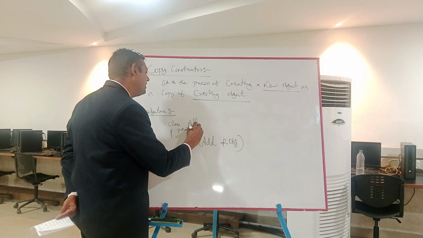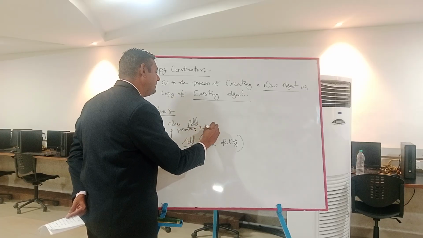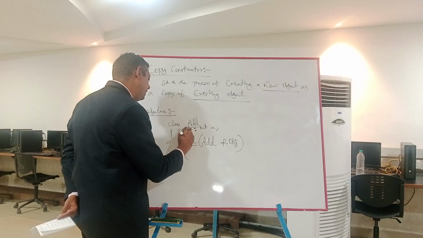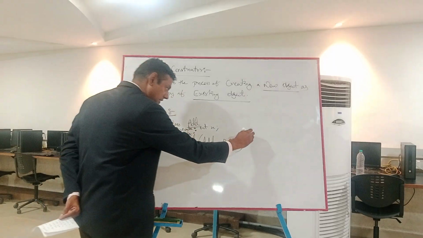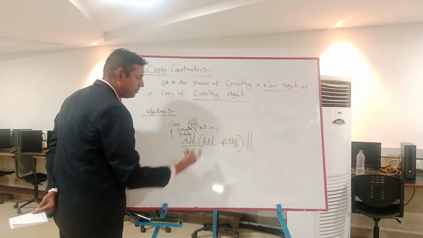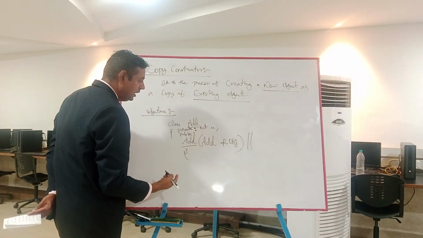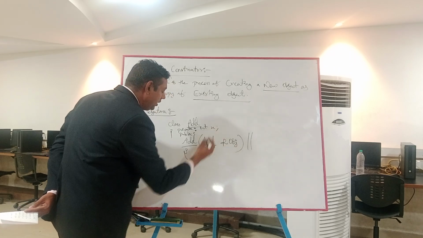For example, if there is, in a private section, a variable called integer x, then under the public section I have to write the constructor. So basically this is the copy constructor. How to assign the value to this object x? Very simple. Using this object, I can assign the value to the variable x.